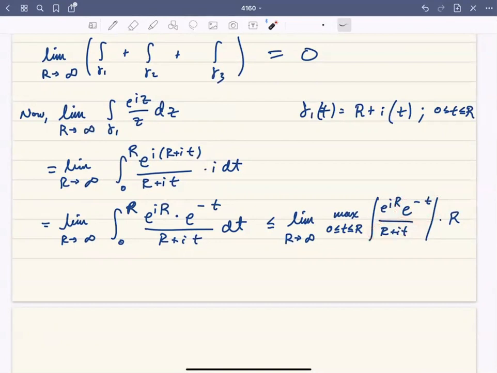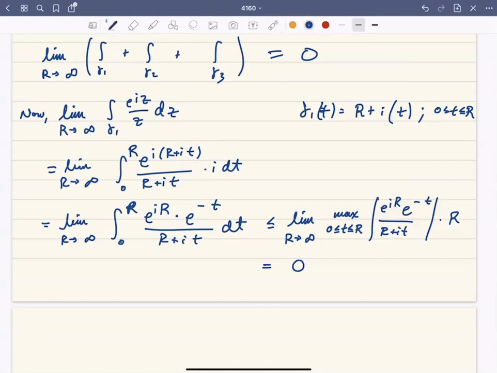And what's going to happen here is that this exponential is going to win, and you're going to get that this limit, as r goes to infinity, is going to be 0. So to make a long story short, this limit's going to turn out to be 0 because this exponential term is going to go to 0 faster than anything else. So that's how that works.